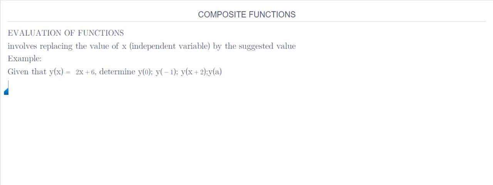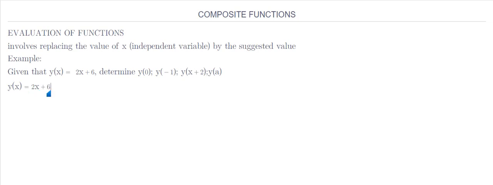Now starting from the first one, you have been told determine y of 0. Y of 0 means you are going to take 0 and substitute as x in the given function. You have the function y of x is equivalent to 2x plus 6.